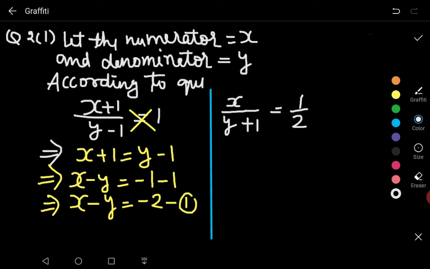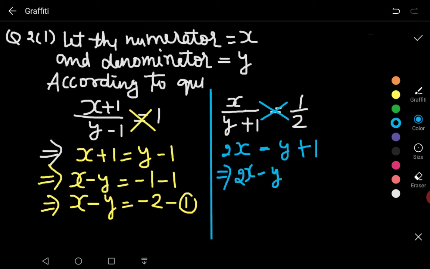Then again, to simplify this fraction we have to cross multiply. Yes, we will get 2 into x, that is 2x, is equal to y plus 1. Okay, so your equation will become 2x minus y is equal to 1, and this is our second equation, right? Now what we need to do, we have to solve these two equations by using the elimination method.